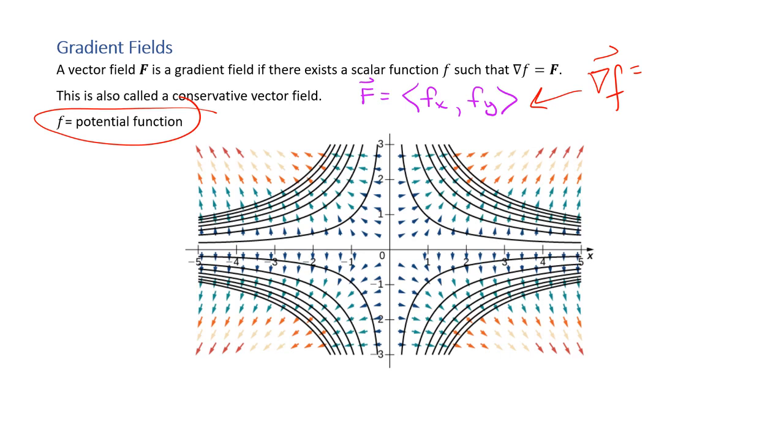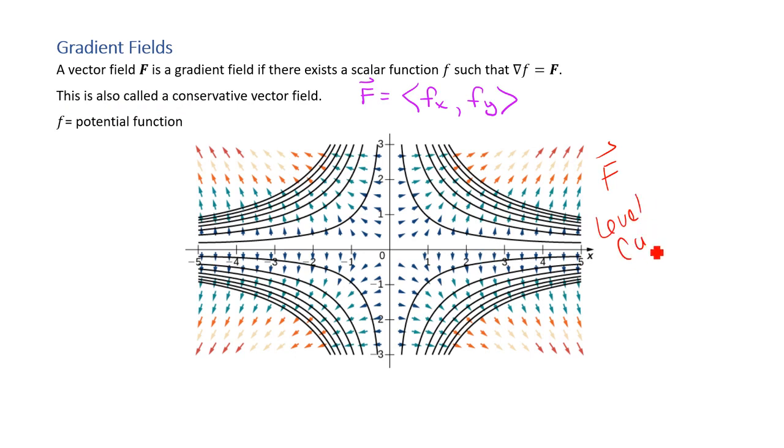In this image, I have a picture of a gradient field or a conservative vector field. What you're looking at, the little arrows are my F, my gradient field, and the black lines are actually level curves for that function f.